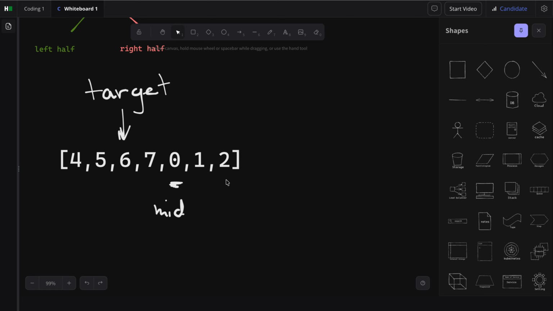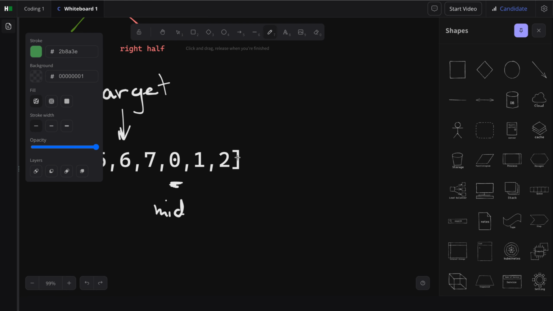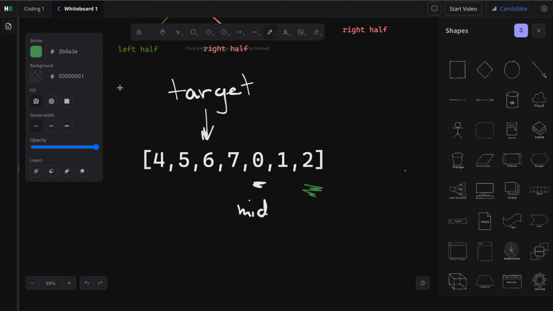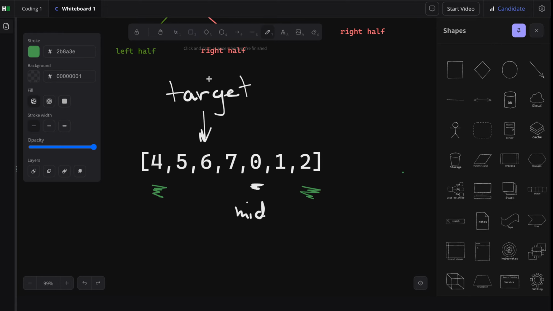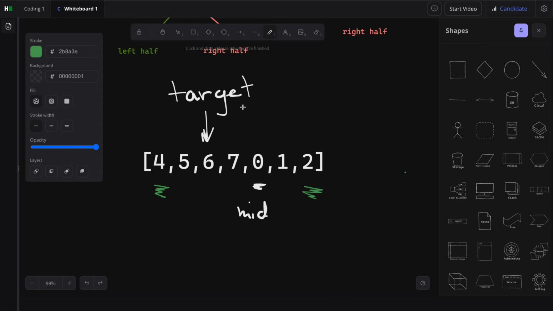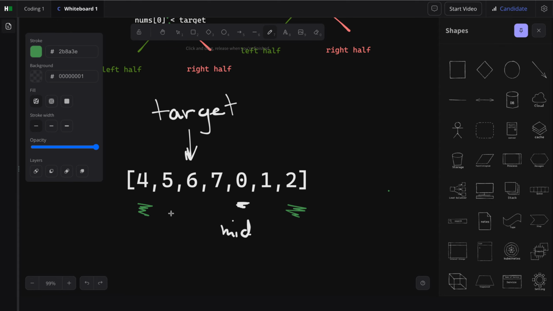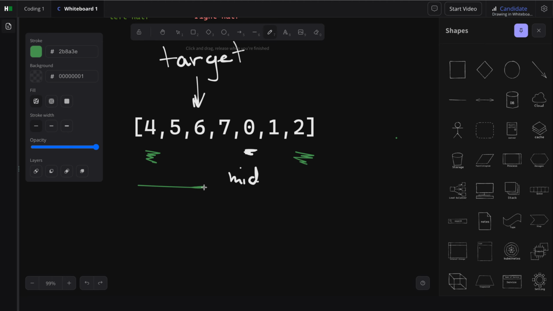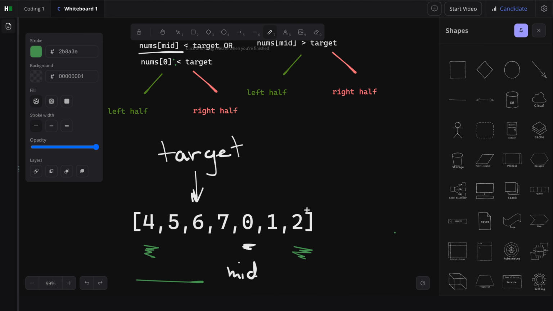Can we guarantee anything with this right value over here? That I don't know. If the target value is greater than this value over here, then we can go over here in the left section, otherwise we stay in the right.